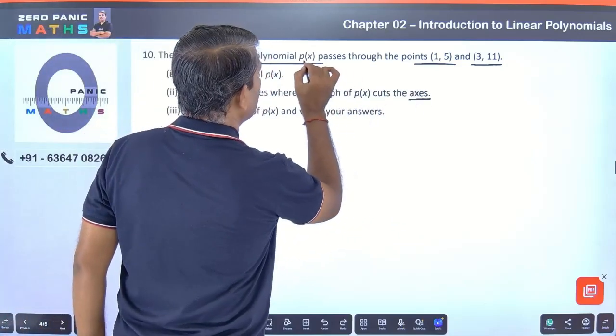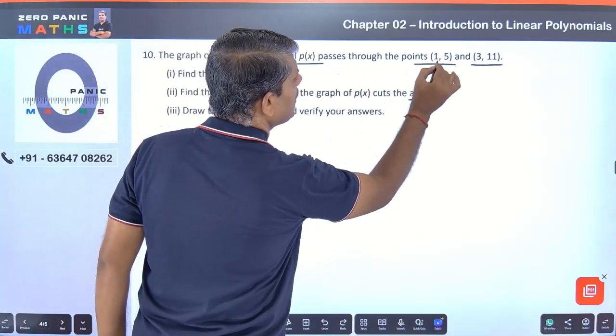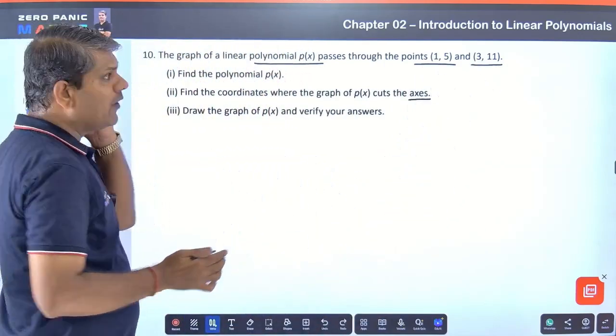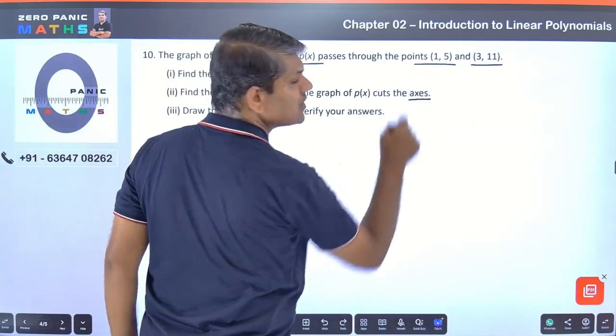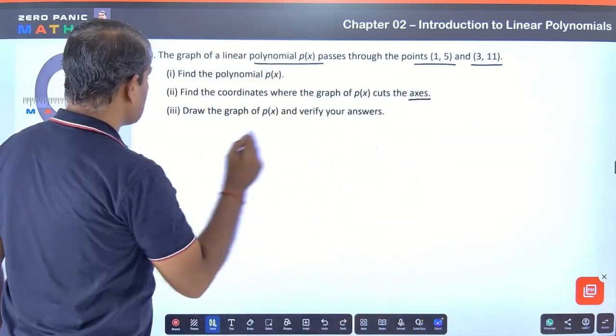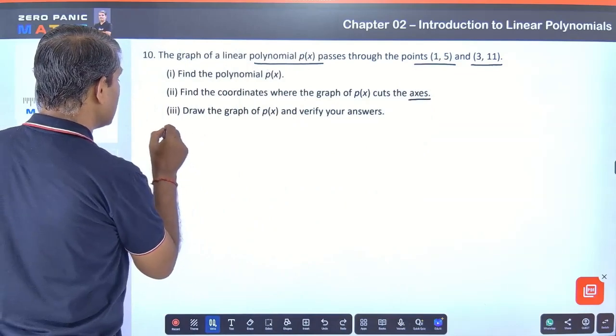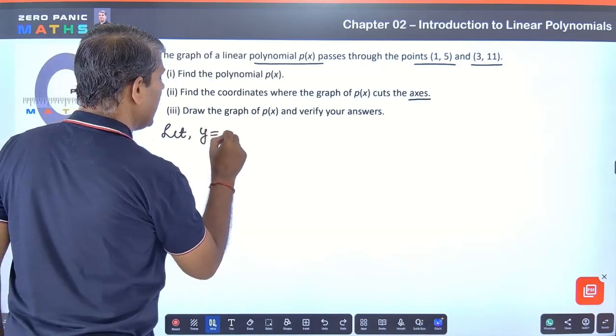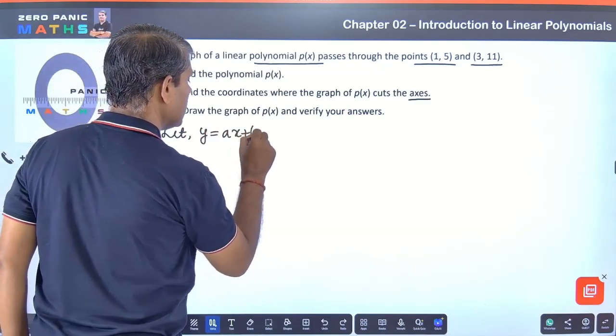Now if p of x passes through the points (1, 5) and (3, 11), it means that if x is equal to 1, y is equal to 5. Okay, so let me consider this. Let y is equal to ax plus b.